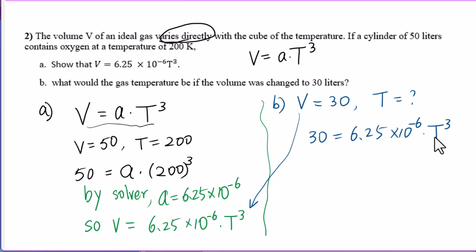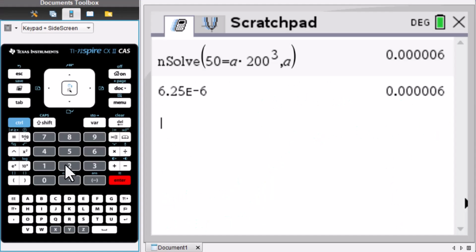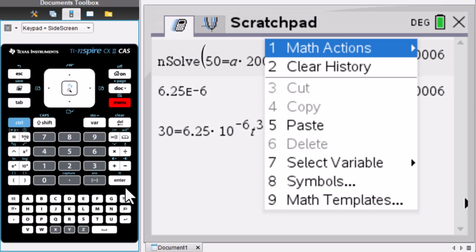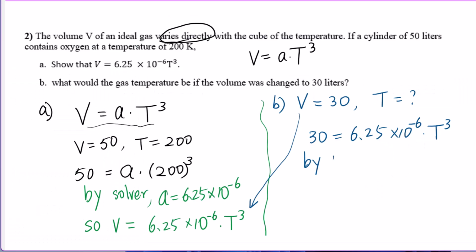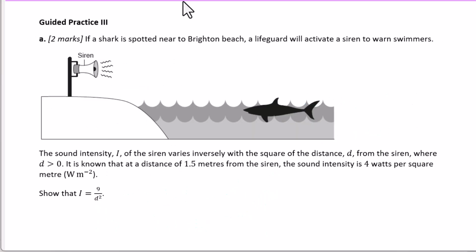We will use calculator. Let's type the equation into this calculator. Control menu. Enter, enter, enter. T equals 169 as a 3-sig fix. By solver, T equals 169.